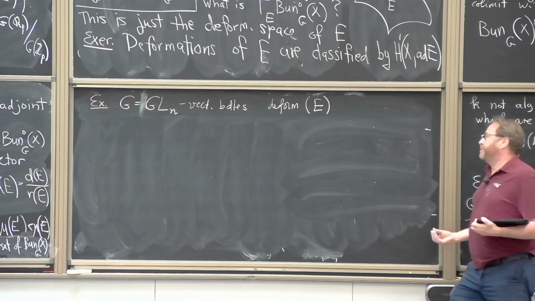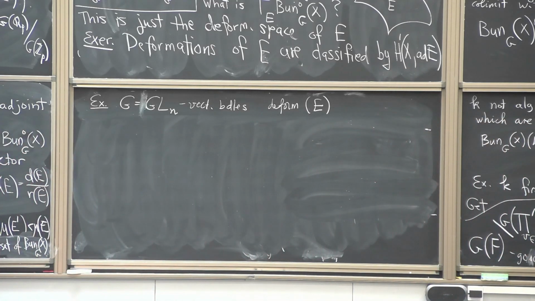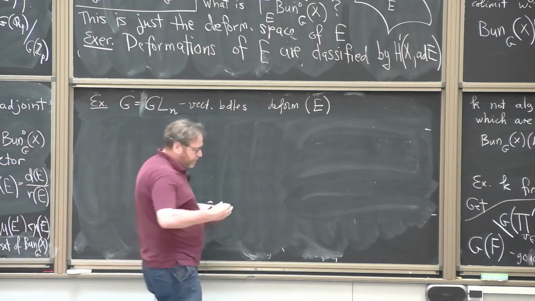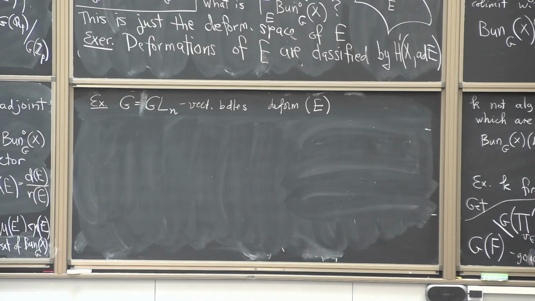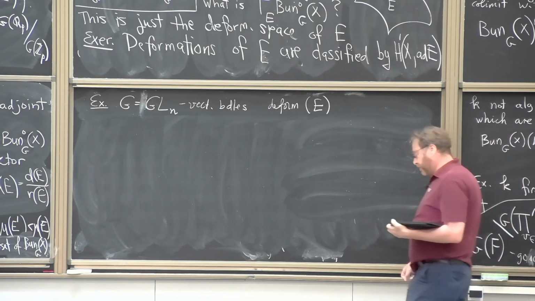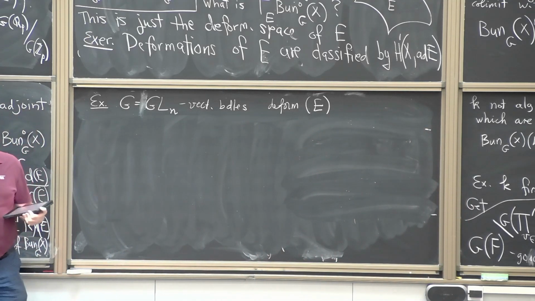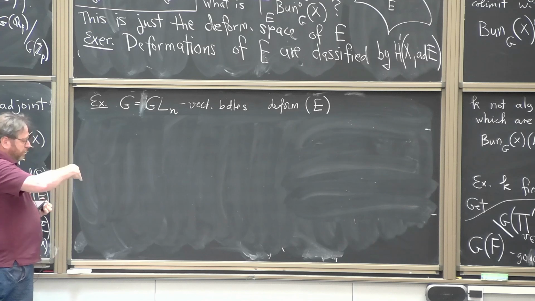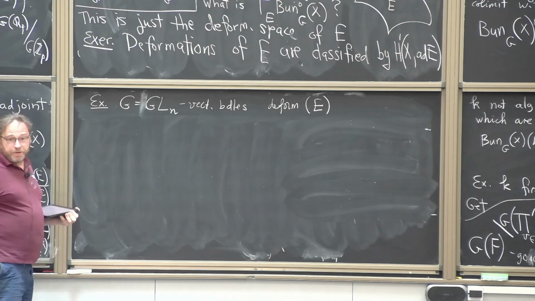Because what does deformation mean? Deformation means that you define some module over the ring of dual numbers, k[h]/h^2, which modulo h gives you the original module. This module is free as a k[h]/h^2 module. So if you view it as a module over k, it's an extension of E by itself. So this is how deformations work.